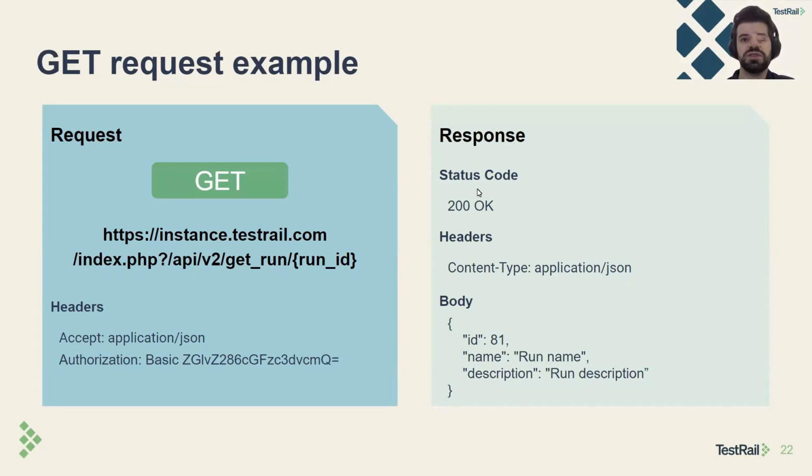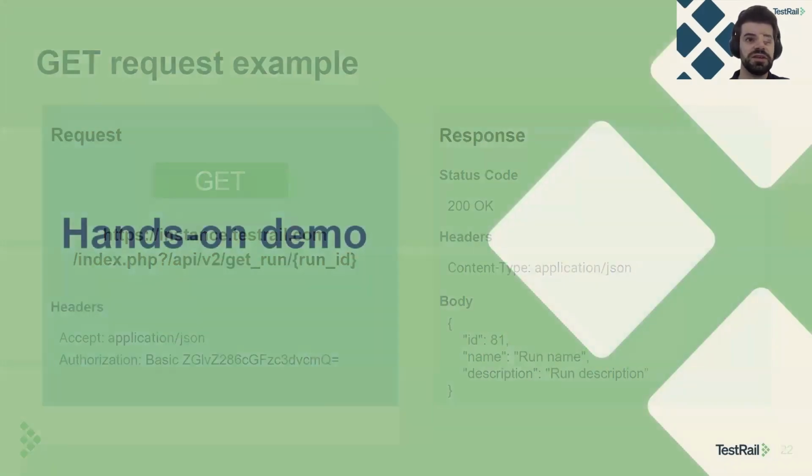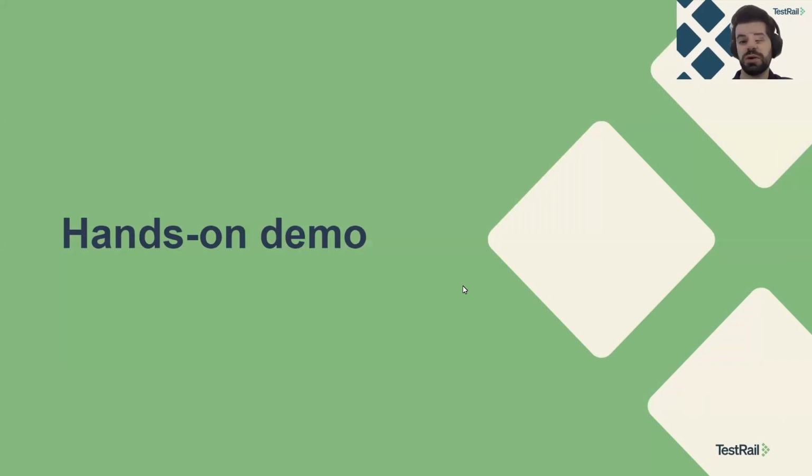And then it would return something like this: a status code, which could be 200, or one of the other ones, the error codes, usually in the 400s and 500s, then the headers. And then the body, in this case, would return, for instance, the run ID, the run name, the description, etc.